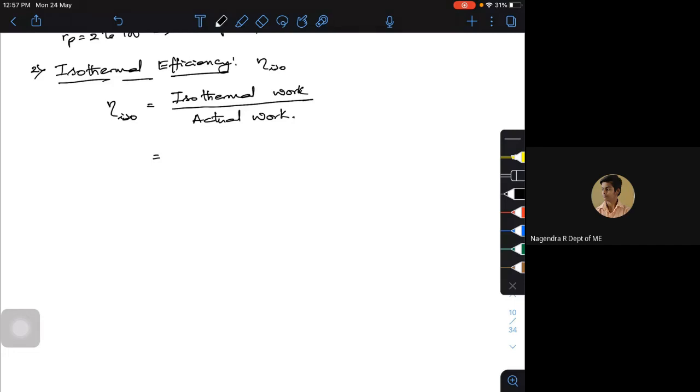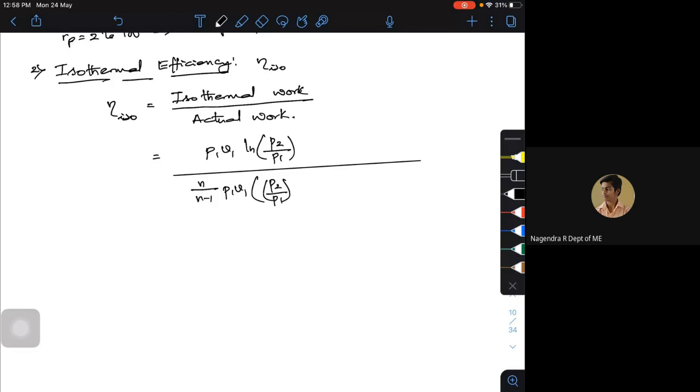The isothermal work is P1 V1 into ln of P2 by P1, divided by the actual work, which is n by n minus 1 into P1 V1 into (P2 by P1) to the power of (n minus 1) by n, minus 1.